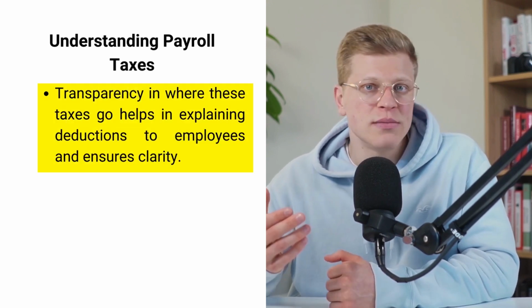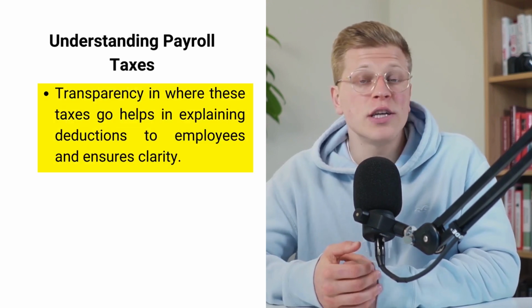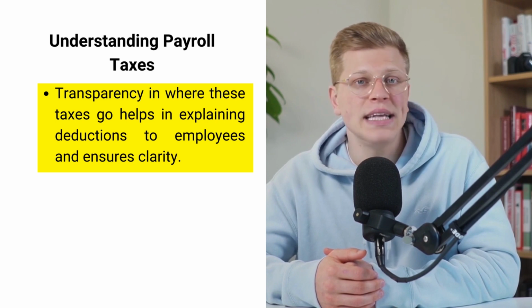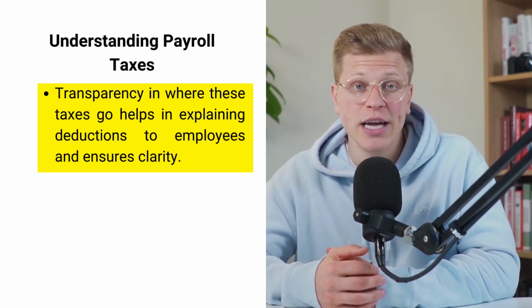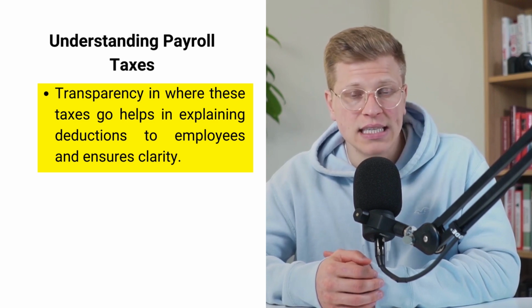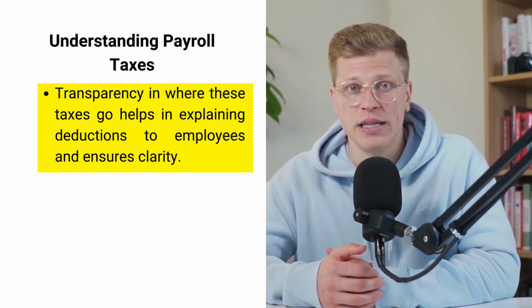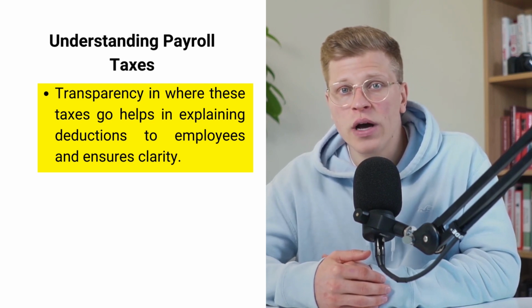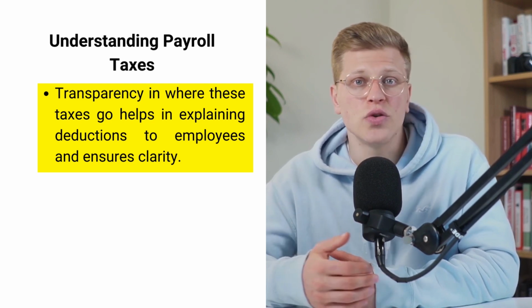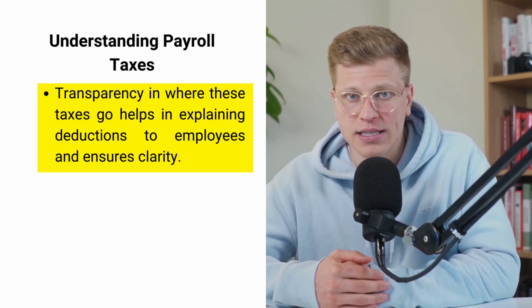Many states, along with some cities and counties, also impose their own income taxes, which are paid directly into their coffers. Unlike the taxes withheld from employee paychecks, federal unemployment taxes are solely the employer's responsibility. It's important to know these details because understanding where taxes go can help you explain the deductions to your employees and ensure transparency.